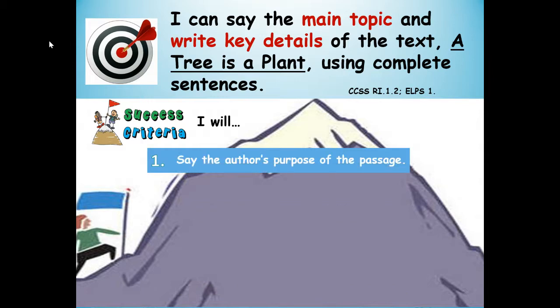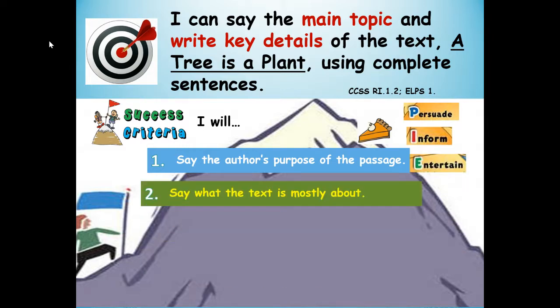I will, number 1, say the author's purpose of the passage. Remember, it's as easy as pie, P-I-E. The author wrote the text to either persuade, inform, or entertain. Number 2, I will say what the text is mostly about, and that's the main topic or main idea.